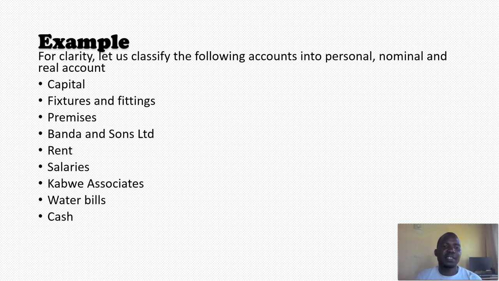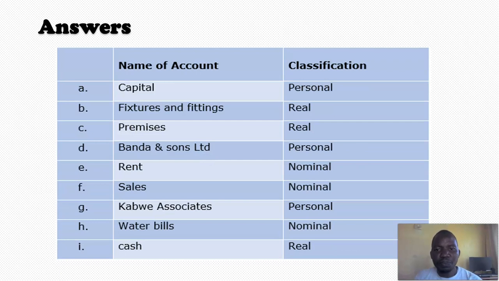That is a list of items that we are supposed to group into personal, nominal, and real accounts. You discover that capital will be put under personal. You know the reason why? The reason is simple. It's because capital belongs to a person.